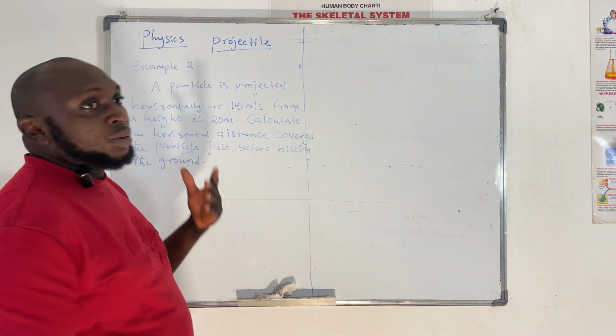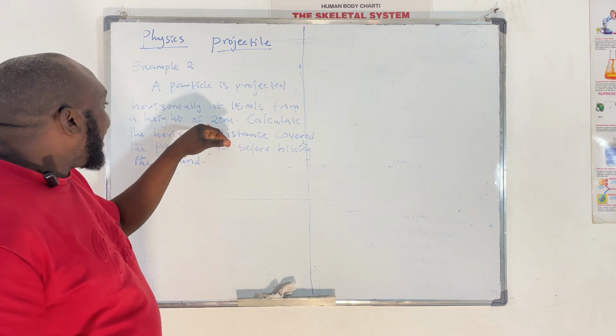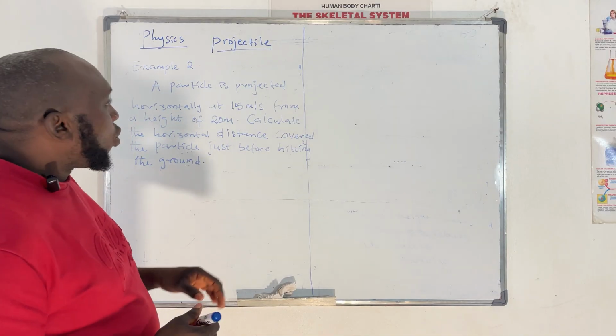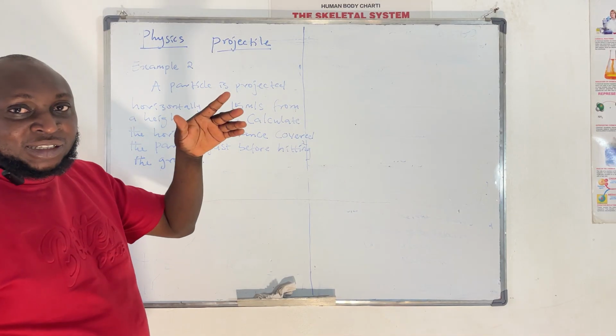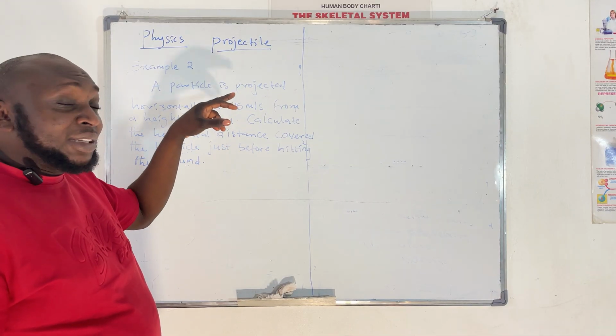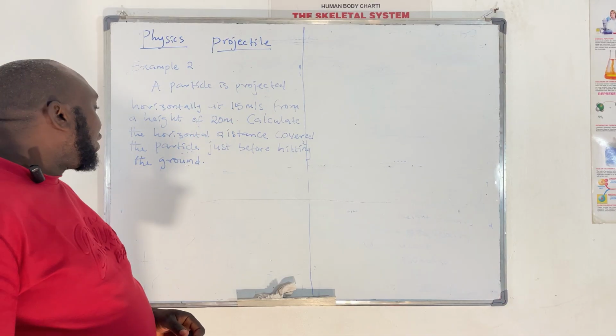And I told you in the previous video that if we are given a height to solve for what horizontal distance, we use the relationship between height and time to get the value of the time before using the value of that time with this velocity to get the range.